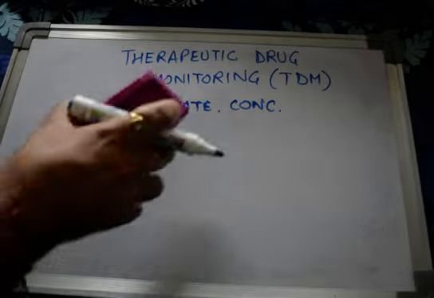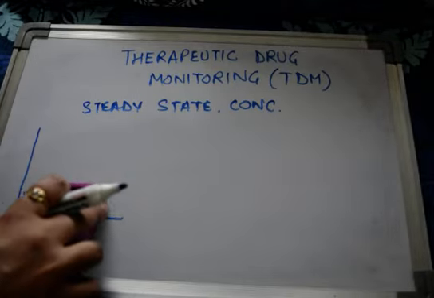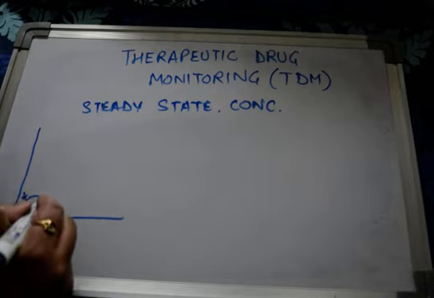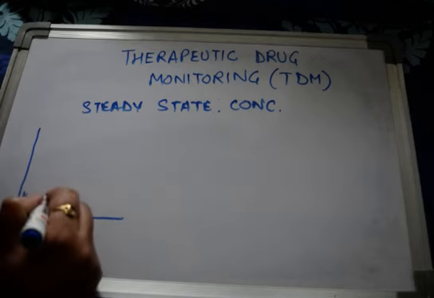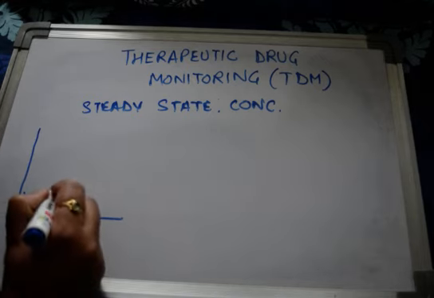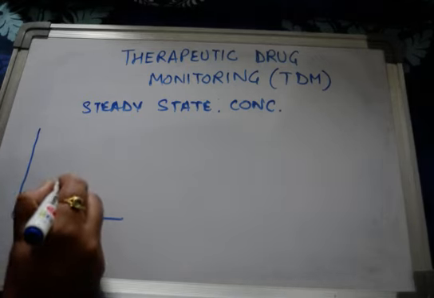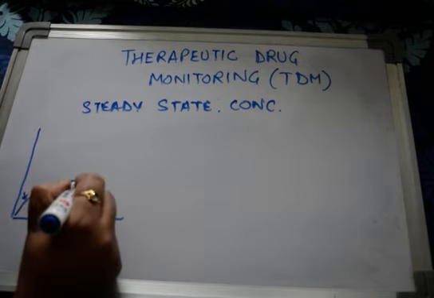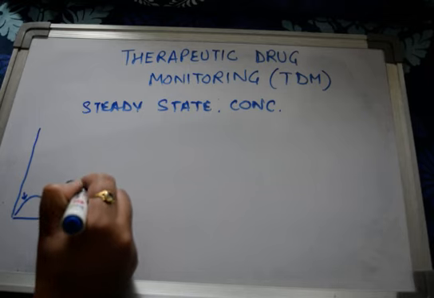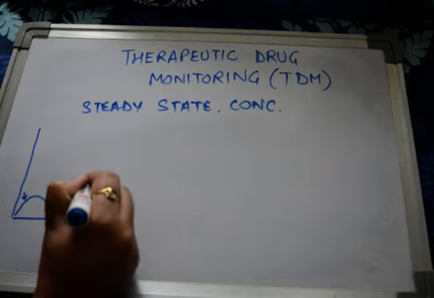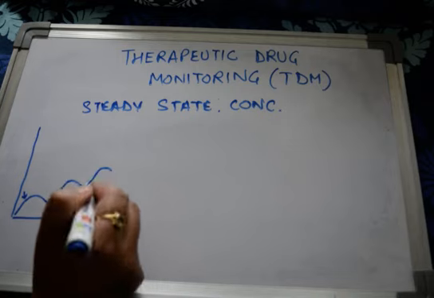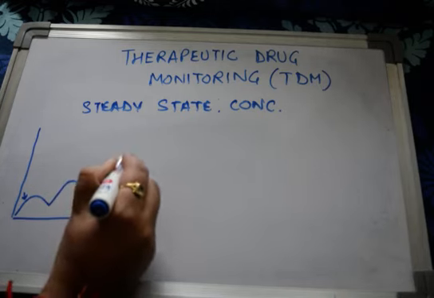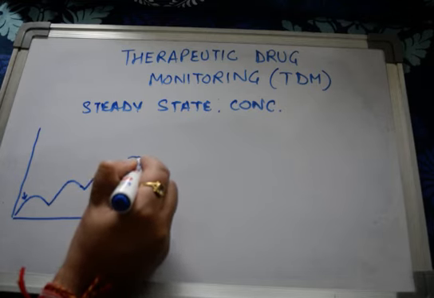So what happens is, when we give another dose before this drug is eliminated completely, there is a cumulative effect. So now the next peak will be somewhere over here. Then we give another dose before it falls down, there will be another peak a little higher, and then again, and then again.